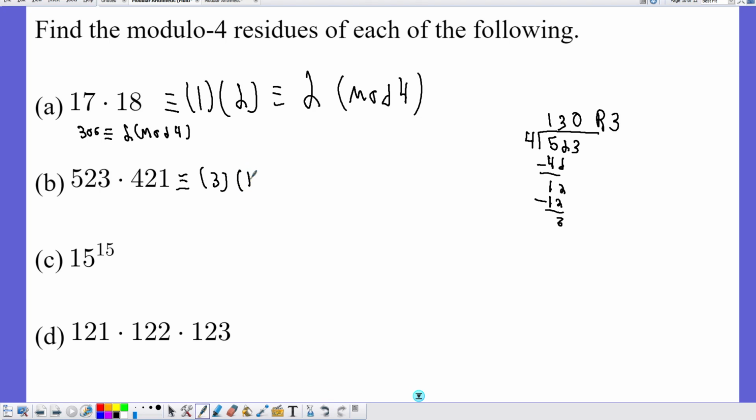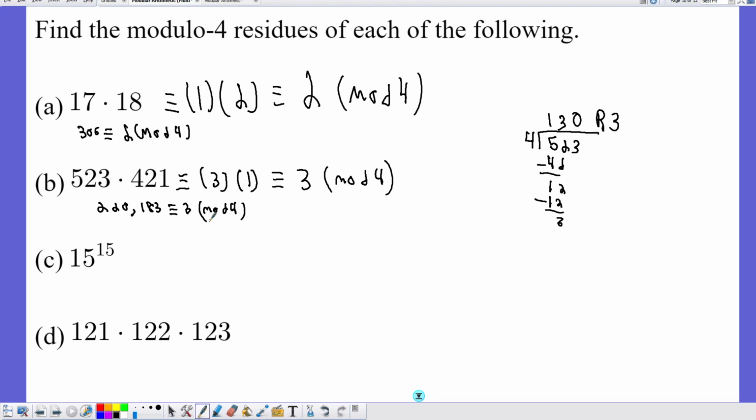So 421 has that remainder of 1 when divided by 4. Then that is congruent to 3 times 1 is 3, then we have mod 4. And again, this also establishes the fact that 523 times 421, this huge number 220,183, is congruent to 3 mod 4.